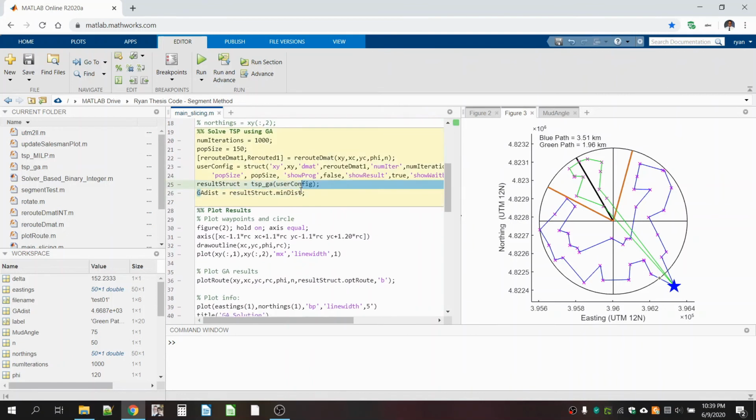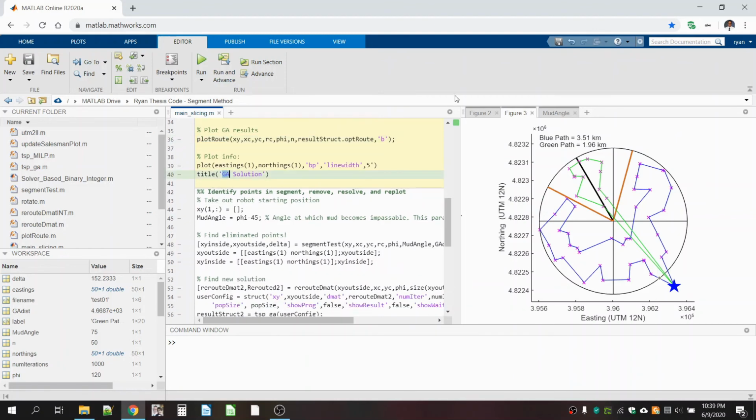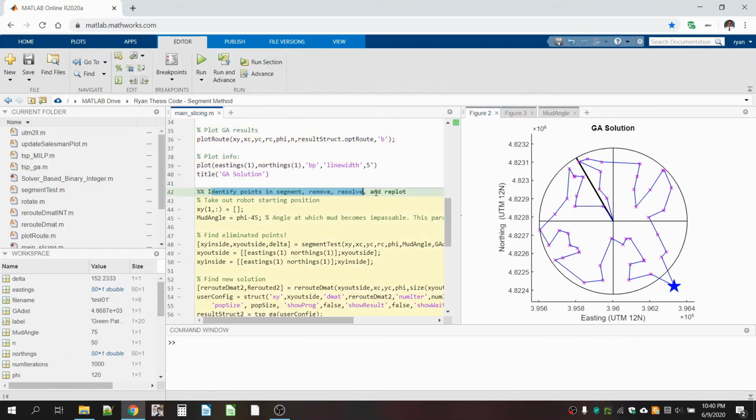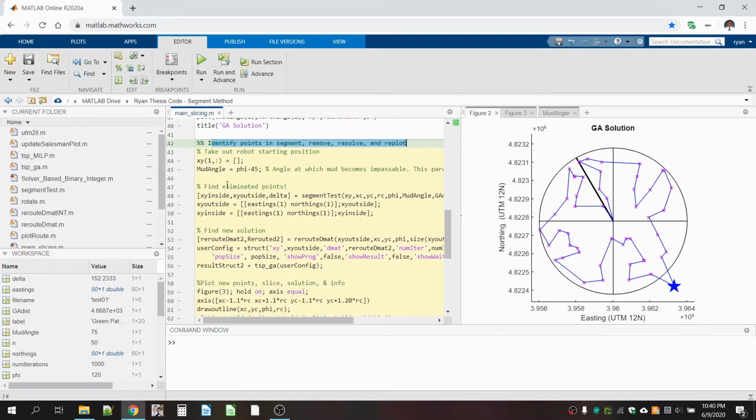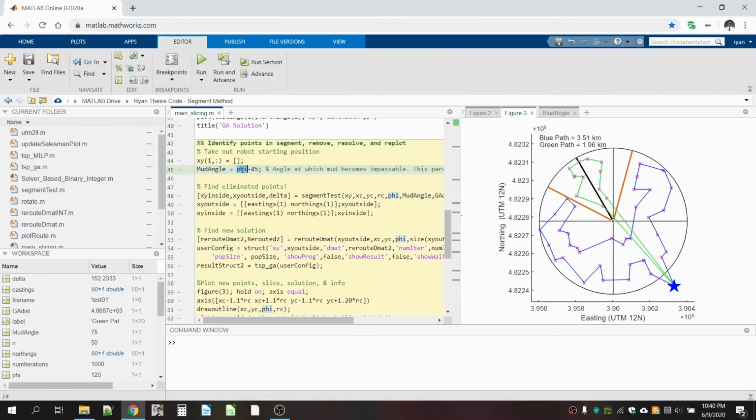Okay, so it solved it. It's plotting the optimum route, and it's done. So that's figure 2. Now identify points inside of the segment, remove, resolve the problem, and replot the problem. So this is just taking my mud angle, which is this guy right here. I'm saying that my mud angle is 45 degrees less than the irrigation line angle.